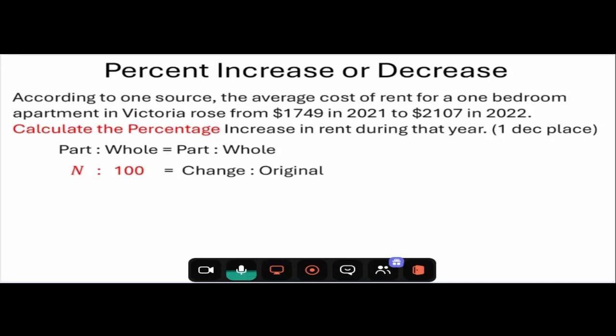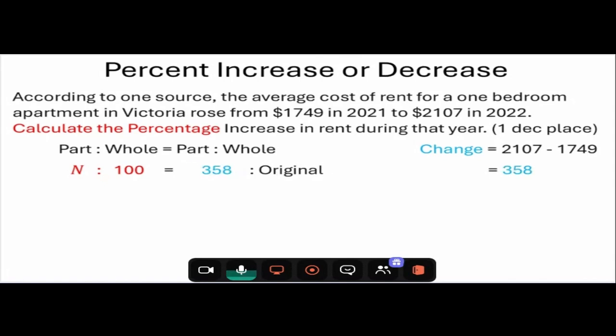And we know that for the part and the whole, what we're looking for is the change and the original. So how much did rent change during that year? Well, we're going to have to do a little subtraction to figure that out, because it went from 1749 up to 2107. So we subtract those numbers and we find that the change in rent was 358.